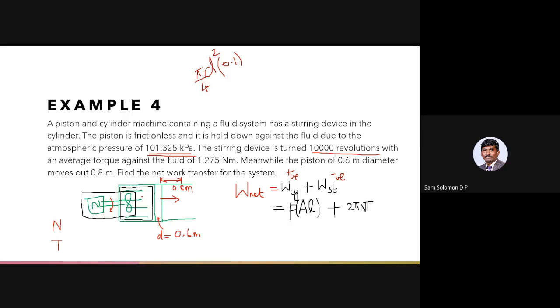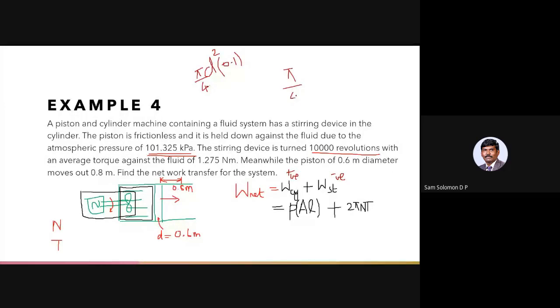Is there any doubt about it? No, sir. That is also the volume of the fluid, right? Yes, sir. So now the volume of the fluid matches with the volume of the cylinder. Okay, fine. Now it has moved to 0.8 meter. Now what is the volume of the cylinder?